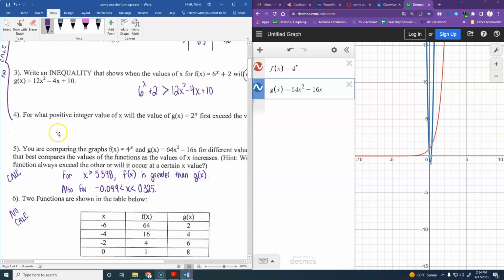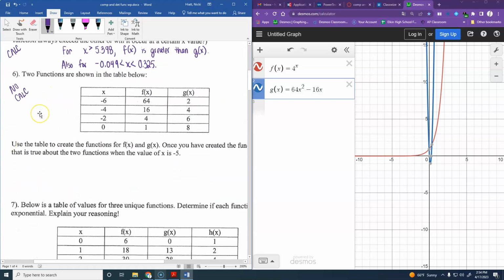Okay. All right. Let's look at number 6. Number 6 wants us to use the table, and this is one of the last ones that you can't use your calculator on. Use the table to create functions for f of x and g of x.